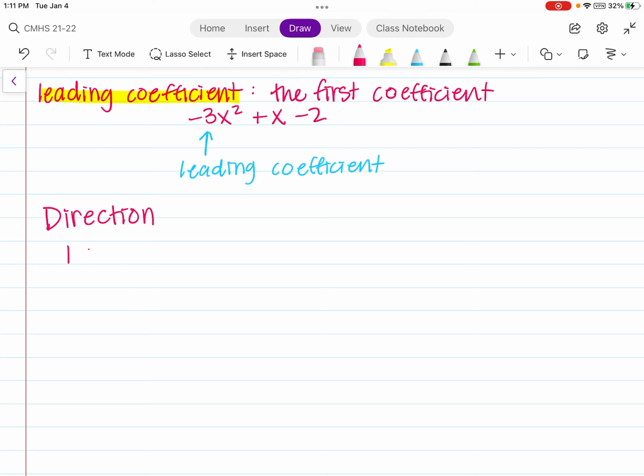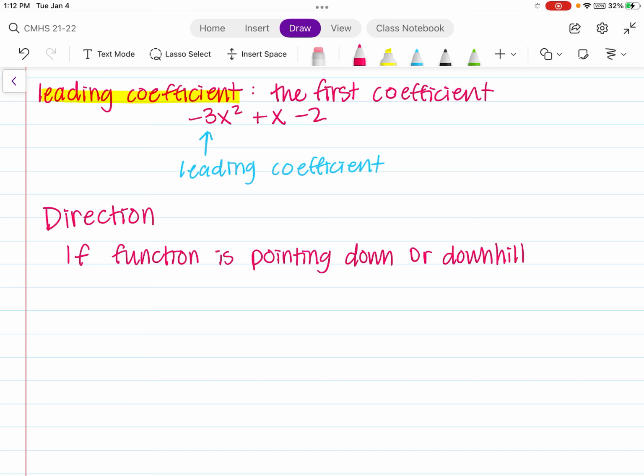If the function is pointing down, upside down, or going downhill, like for example a line going downhill, then the leading coefficient, that A, is negative.